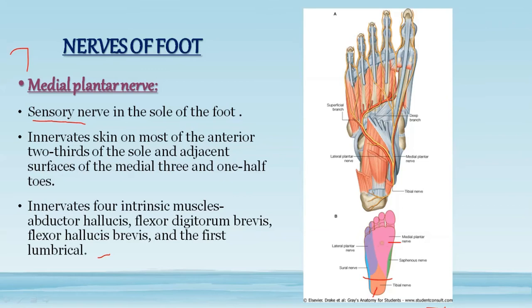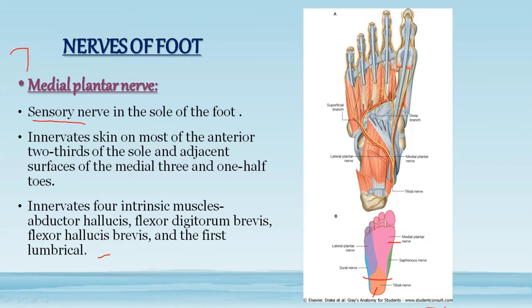So that's why we are saying that most of the anterior two-third of the plantar aspect of foot as well as the medial 3.5 digits, the plantar aspect of the medial 3.5 digits, is supplied by the medial plantar nerve.